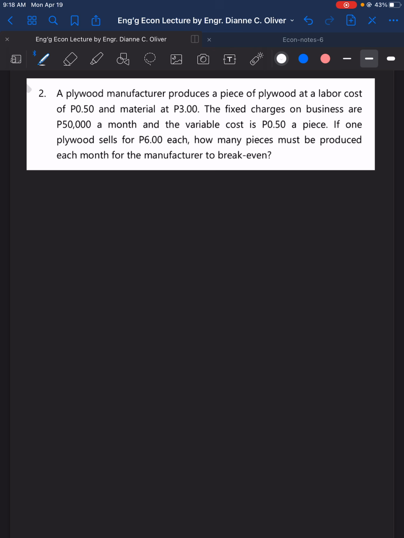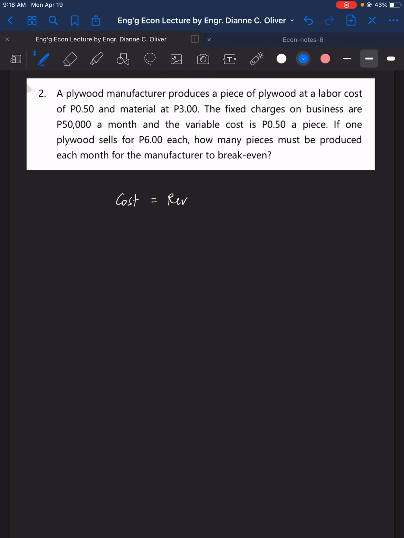Okay, so again, let's have the cost equals revenue. But first, let's identify the costs. And we need to be consistent also. So a plywood manufacturer produces a piece of plywood.